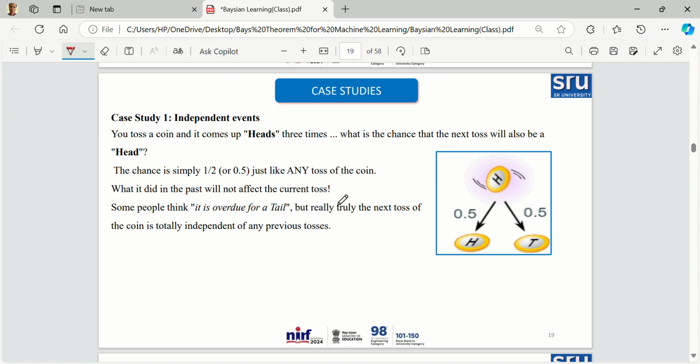Some people think it is overdue for a tail, but truly the next toss of the coin is totally independent of any previous toss. It may be head, maybe tail. Already you tossed 3 times and got head 3 times. Now for the next one you cannot say it is head or tail, because it does not depend on the previous. The coin is totally independent.